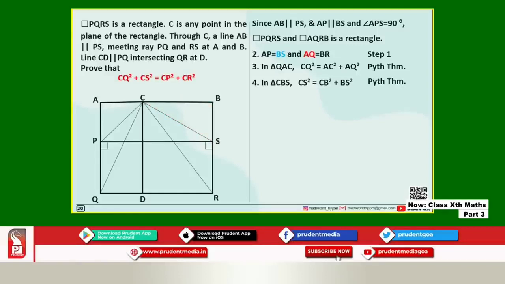Next what we are going to do is we will try and equate certain things. So here what we have done is we have added step number 3 and step number 4. Okay, and if you look, why have we done that suddenly is because look at step number 5, the left hand side CQ square plus CS square is added, right? And if you look at what we are asked to prove, we are already done with that left hand side.